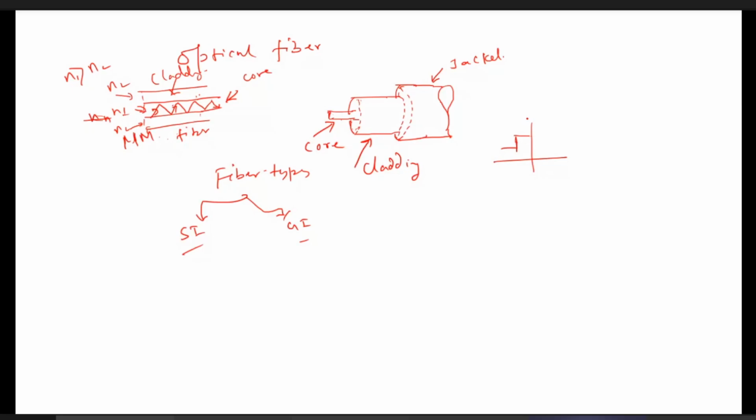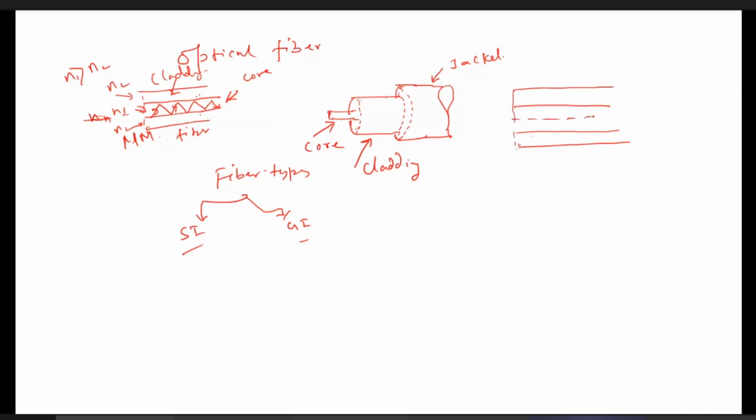Simple, I'm just showing it. This is the core, and this is the clad.